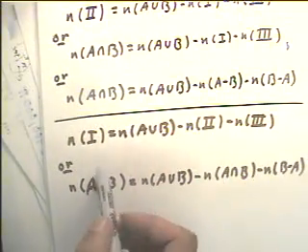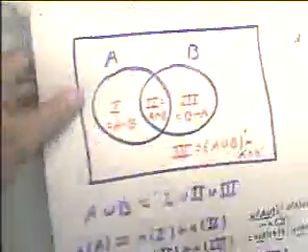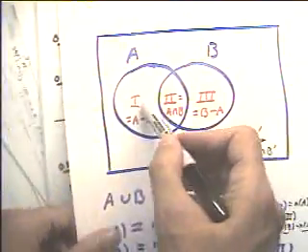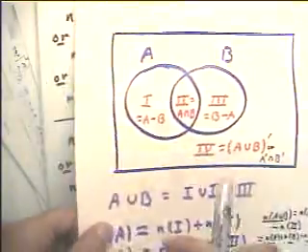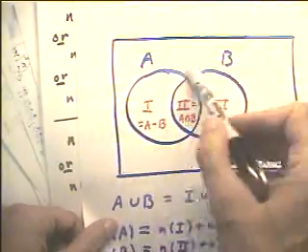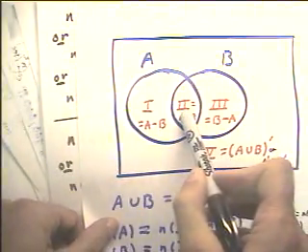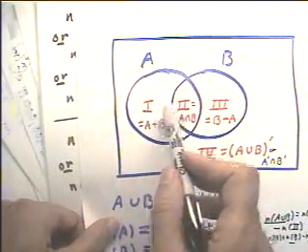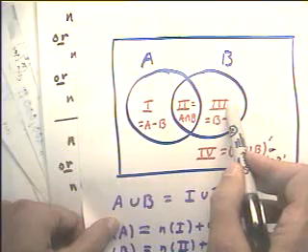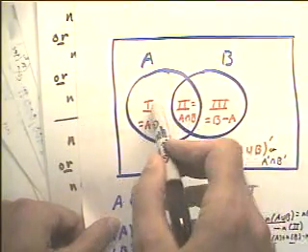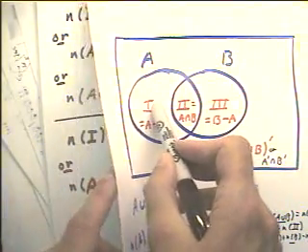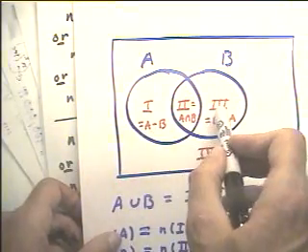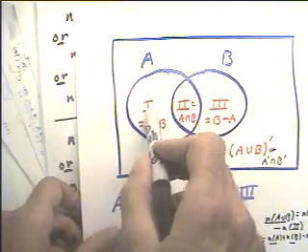Similarly, we can say the number in region 1. Now let's just see, how would we get the number in region 1 if we knew the number in the union and the number in the intersection? If we know how many there are total here, that means we know what these three add up to. If we know the number here and the number here, we can easily find the number here.